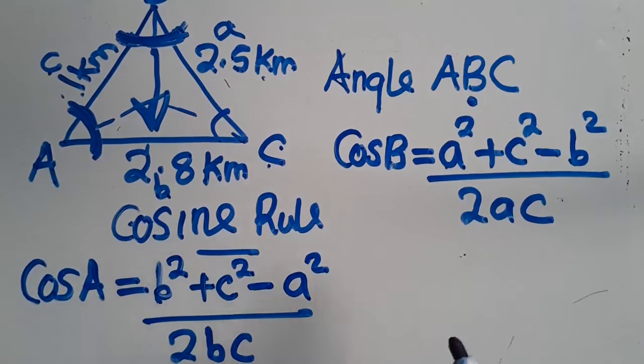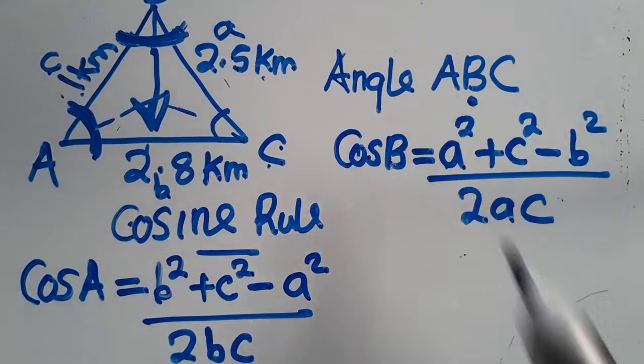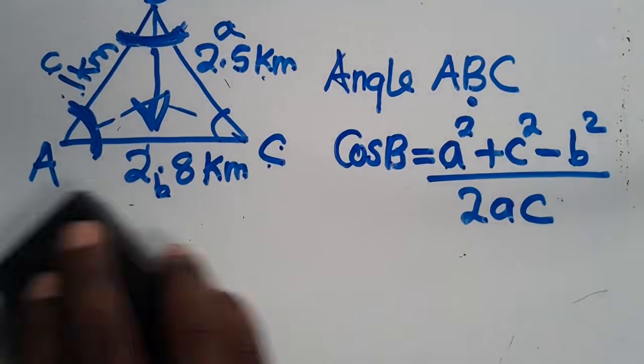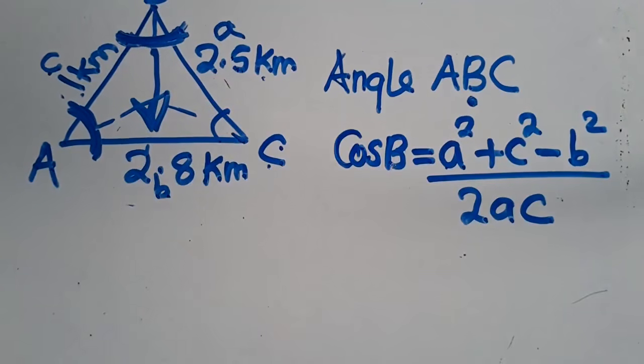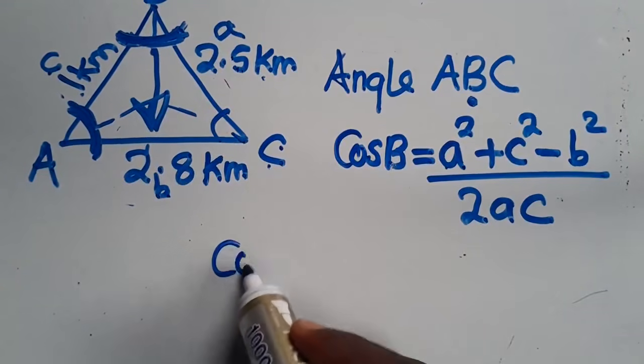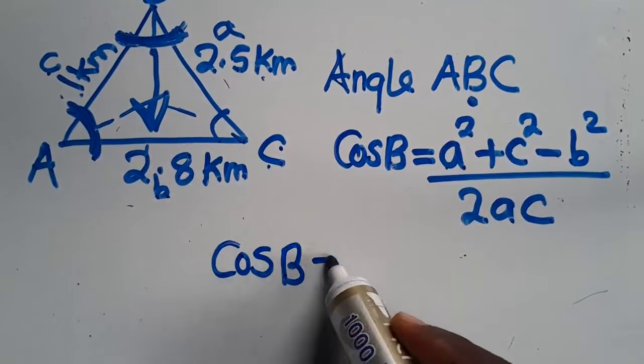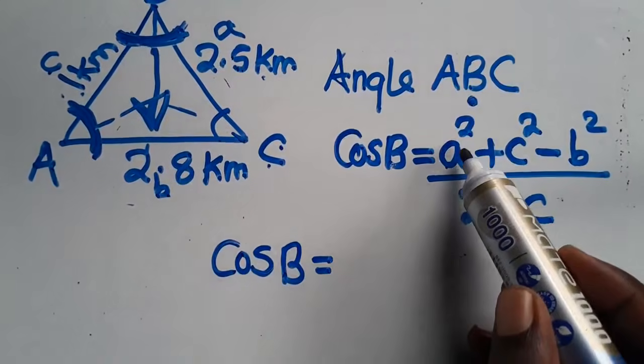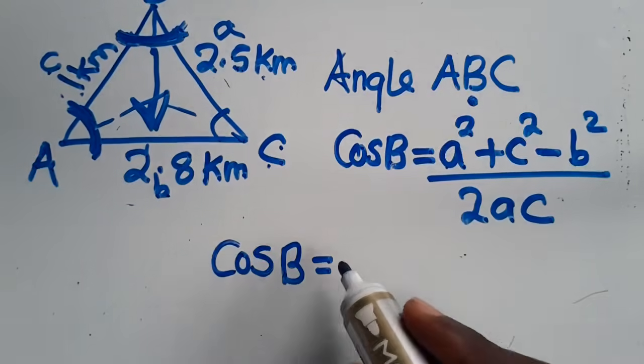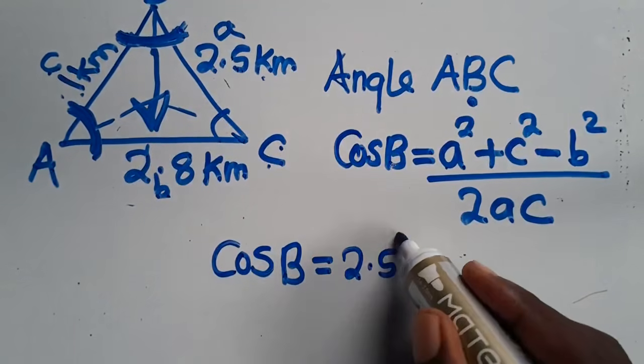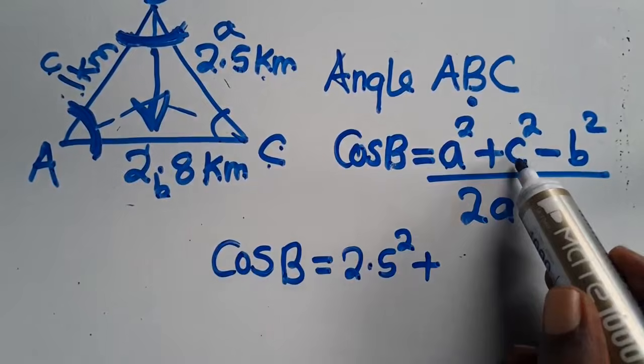But in our question, we are taught to find the B, which is there. So I'm going to rub this part. So what you're going to do, you say now cos B is now equal to, you start now substituting. What is A? A is 2.5. So you say 2.5 squared plus, what is your C?